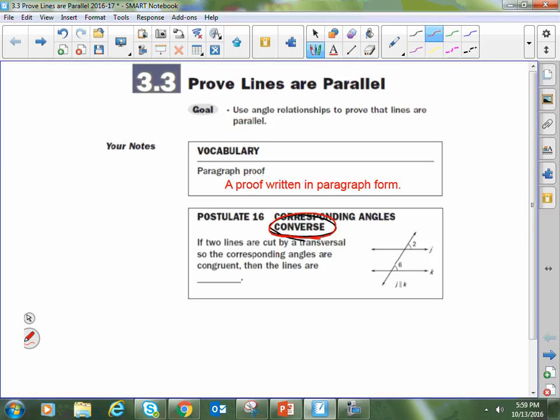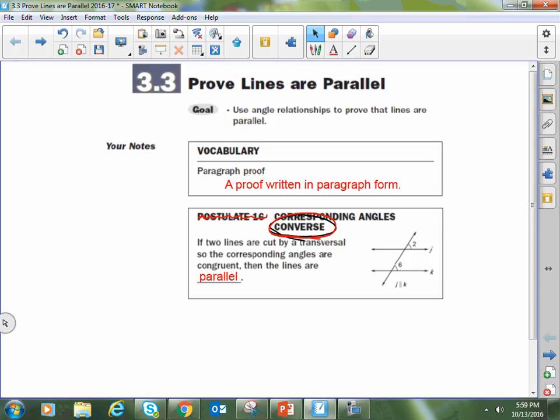Now, here, postulate 16. There's really no postulate called number 16. It's just the 16th postulate that's presented in this particular material. The corresponding angles converse is a much more appropriate name. And essentially what that is saying is that if I have corresponding angles that work out to have the same measurement, then the only way that's possible is if the lines are parallel to each other.